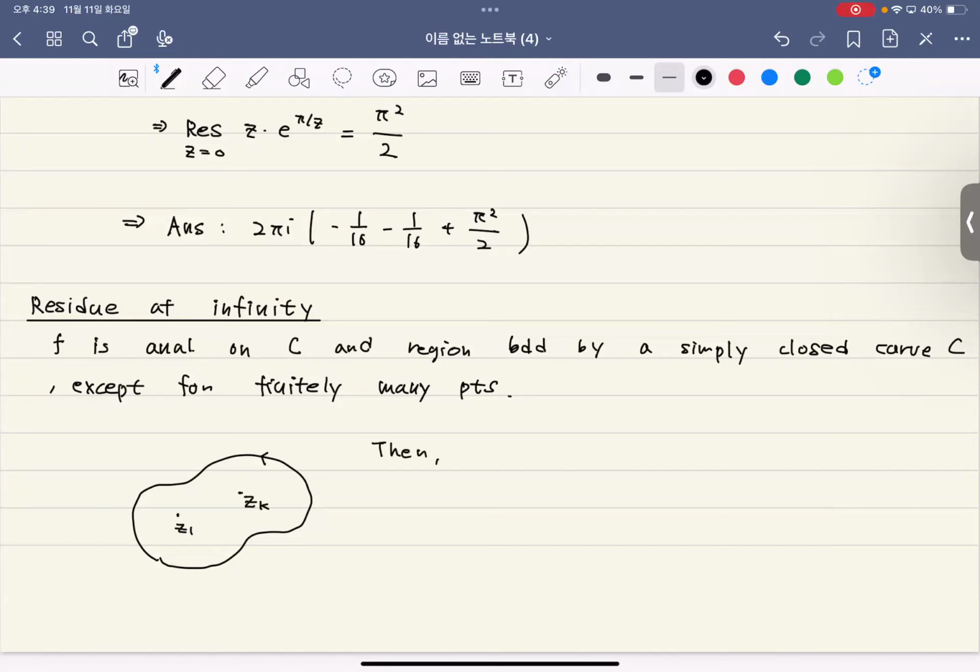Well, in this case, there is some large positive number.